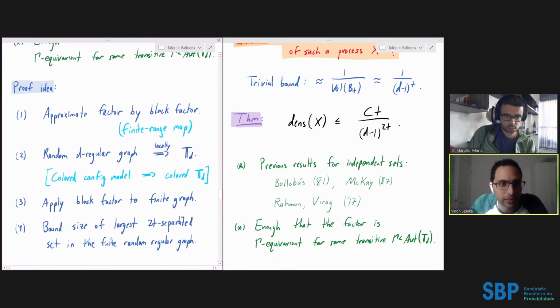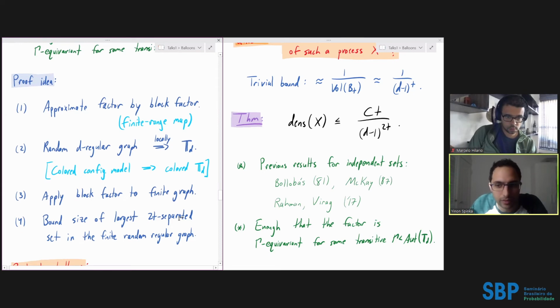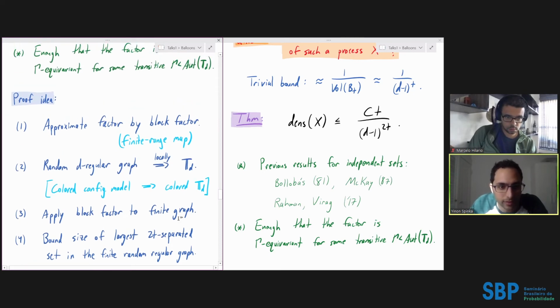Okay, so here's the, oh yes. Okay, maybe quickly the idea of the proof of the theorem before I tell you how to use it. So you can approximate factors of IID by block factors. A block factor is just a finite range map. So you just look at a ball of radius 100, you look at the IID variables, and you only use that information to decide on the process's values.